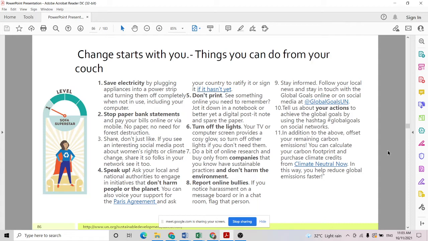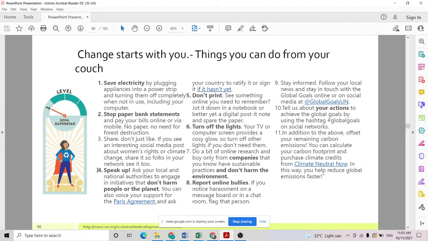Number 3, share, don't just like. Share the best information regarding sustainability, not only like. If you are active on social media, share whatever effort you come across that benefits you and can also benefit your society. Then speak up.